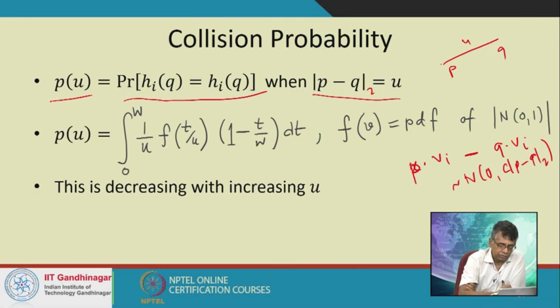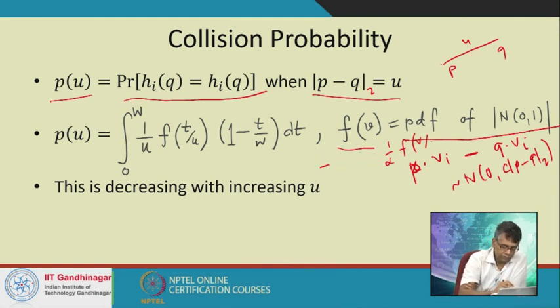Suppose f of v is the PDF of the absolute value of N(0,1). Then if I multiply v by alpha, the PDF of alpha v is 1 by alpha f of v by alpha.